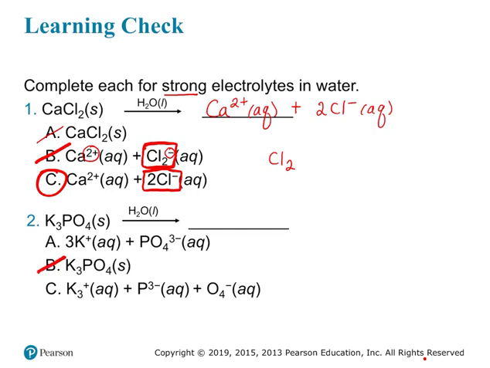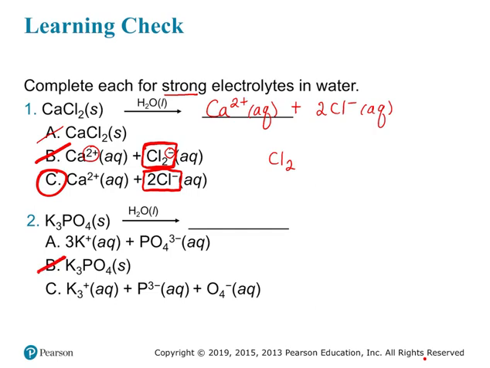Looking at A, we have 3 potassium ions and 1 phosphate ion. Seems reasonable. Let's look at C. We have K3 plus, and then we have P3 minus and O4 minus.